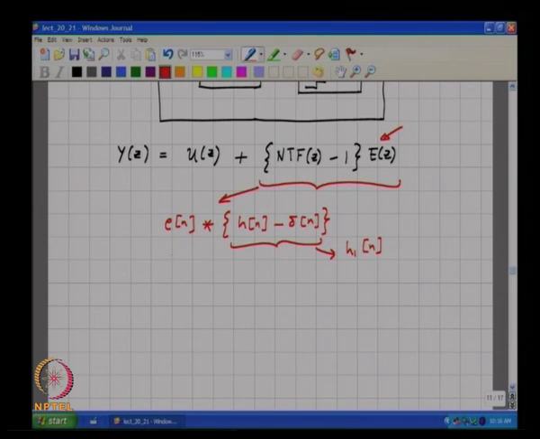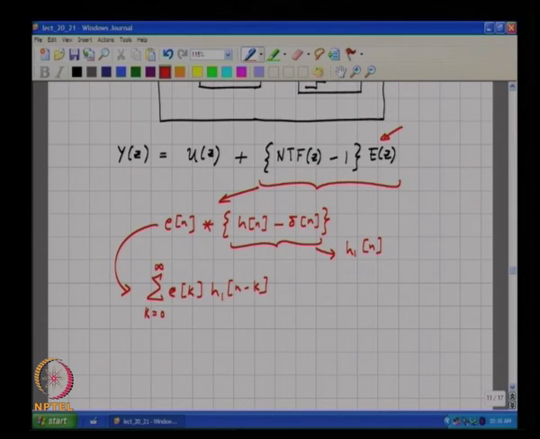So, the output, since this is a convolution, is the sum over k of E of k times h1 of n minus k, k equals 0 to infinity, or 0 to n, I suppose.